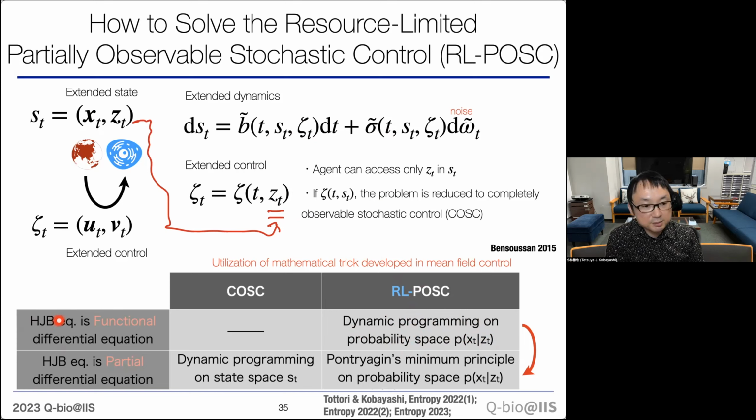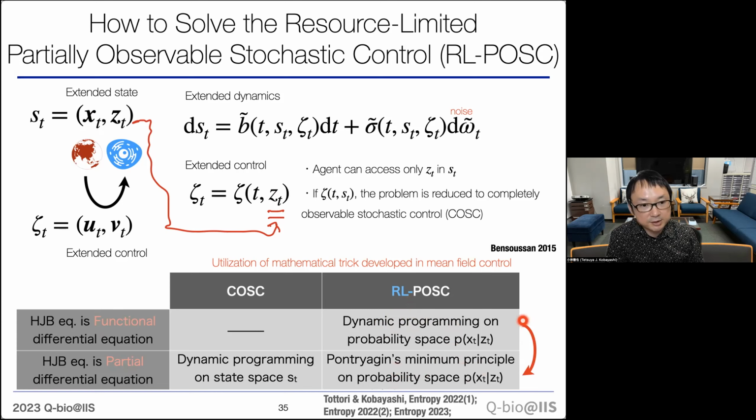Therefore, the HJB equation now becomes a functional differential equation. This is almost impossible to solve, even numerically. But the trick my student introduced is to switch from the dynamic programming principle to the Pontryagin minimum principle.